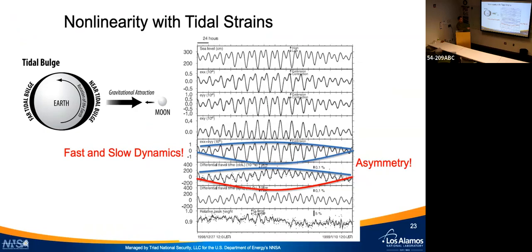This is asymmetric relative to the strain, and you can also see that the mean changes. If you take a running mean over here, it wouldn't change very much, but if you take a running mean here, it does. So this is an indication of slow dynamics, some kind of time-dependent process. If it was just a linear relationship, you would see this being some kind of multiple of that, but it doesn't look like that.